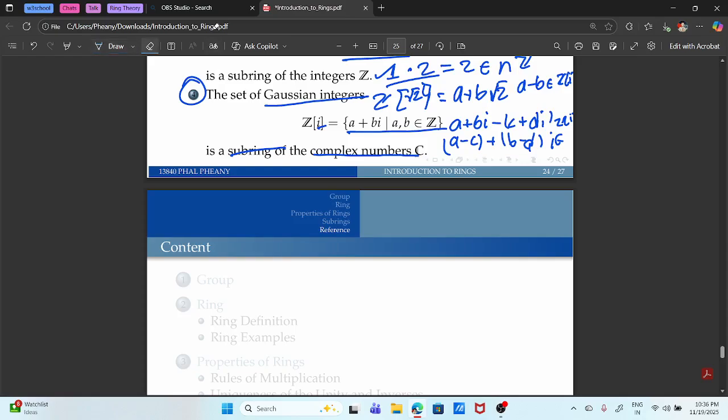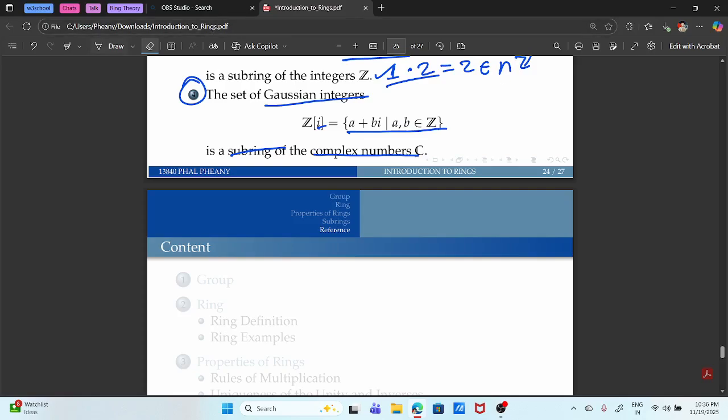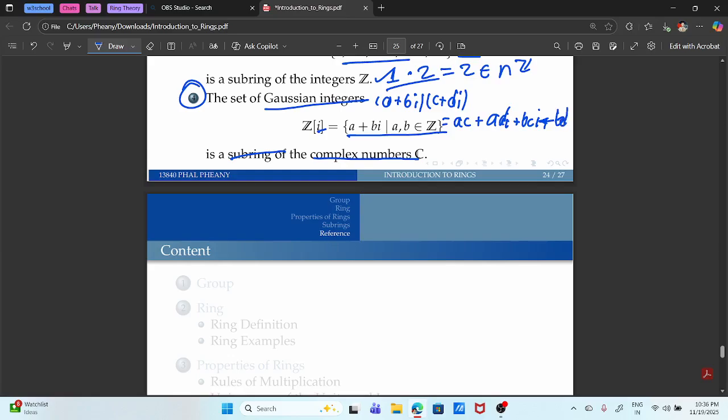Let's see the second property. Does it hold or not? Okay, a plus bi times c plus di is equal to ac plus adi plus bci plus bd i squared. Since i squared is equal to minus 1, the complex unity, we get ac minus bd plus (ad plus bc)i.